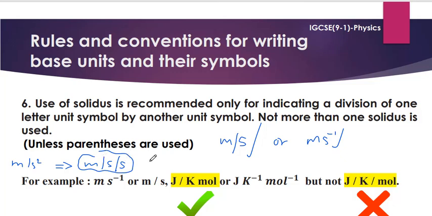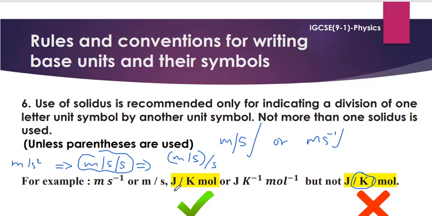Per second per second is the correct way to pronounce that, but here when you're writing, if you use two solidus, it is wrong. You can use two solidus if parentheses are used. Parentheses mean brackets, right? Meters per second. Now it is okay, right? So it's better to remember we can't use two solidus when you're writing units.